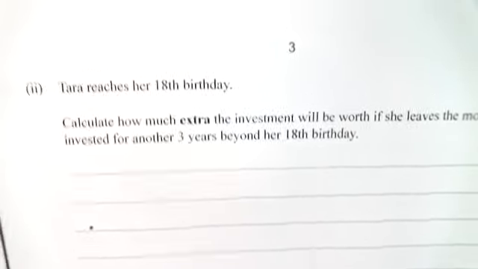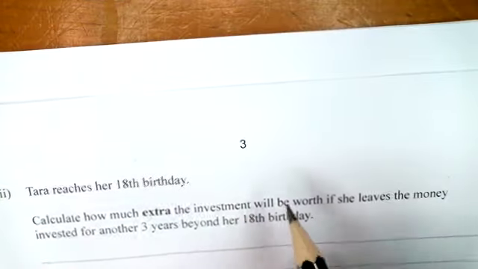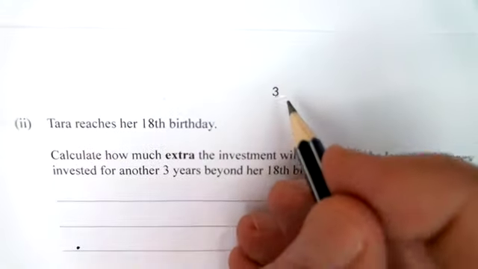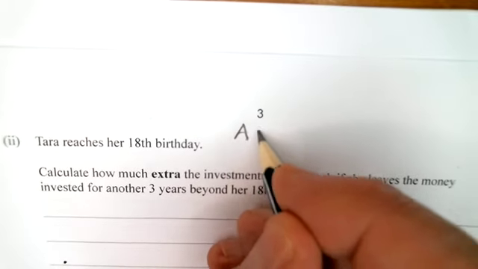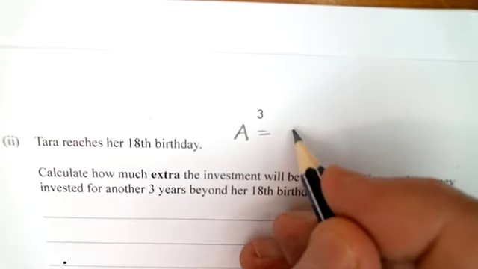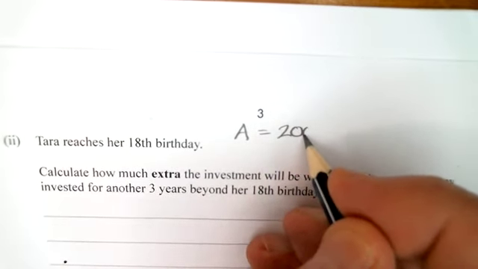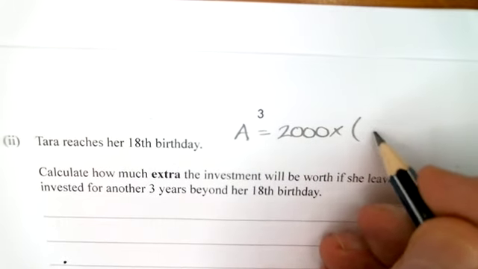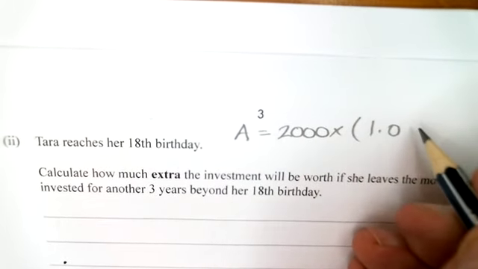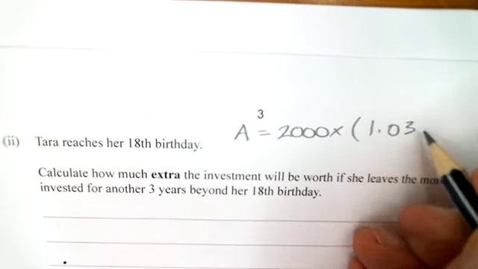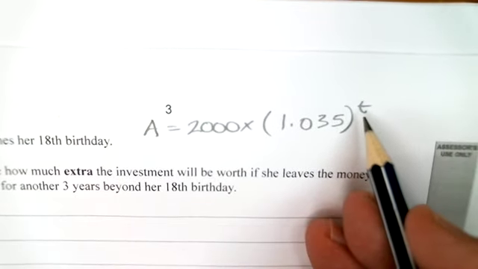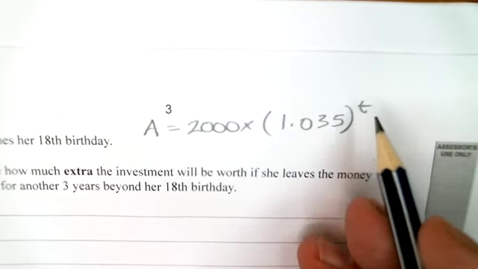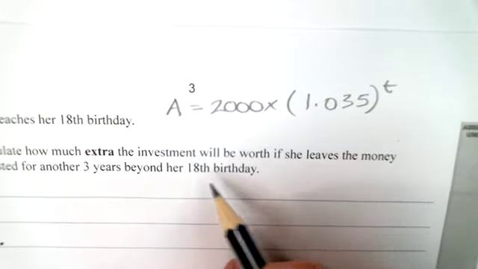So the way I would do that is this. I'll write it up above so we've got a bit more space. We've got the original formula, A is equal to 2,000 times 1.035 to the power of t. Now we're going to change t in this case to 21, which is 3 years beyond her 18th.